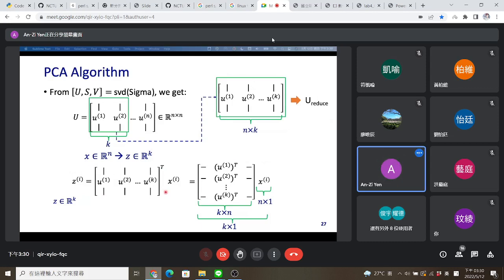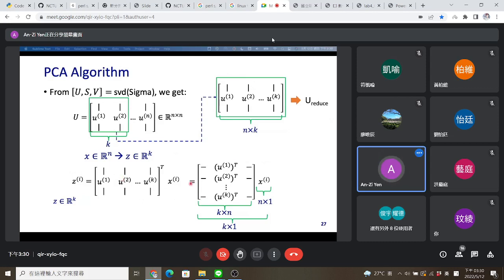We call this matrix U reduced, which is a reduced version of the matrix U, and we are going to use it to reduce the dimension of our data.